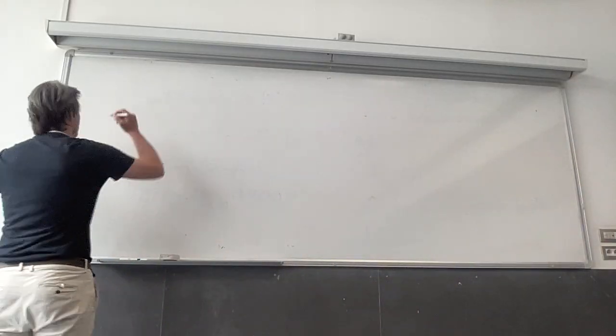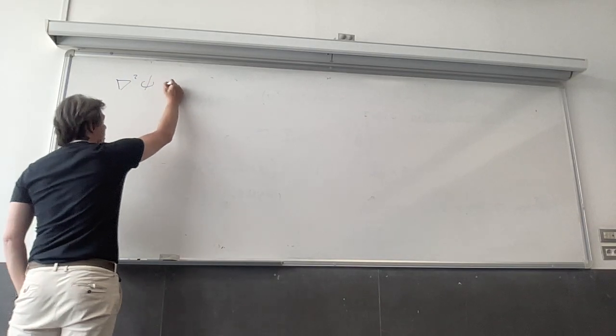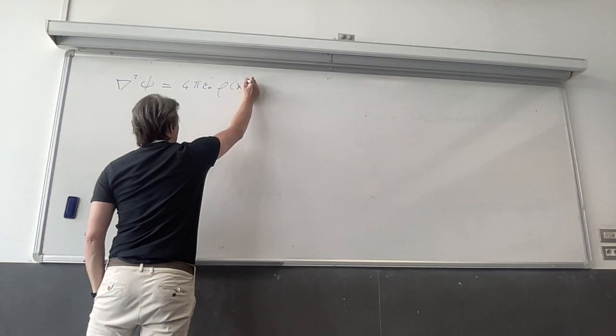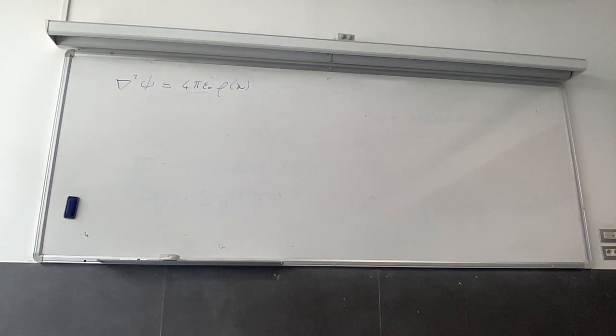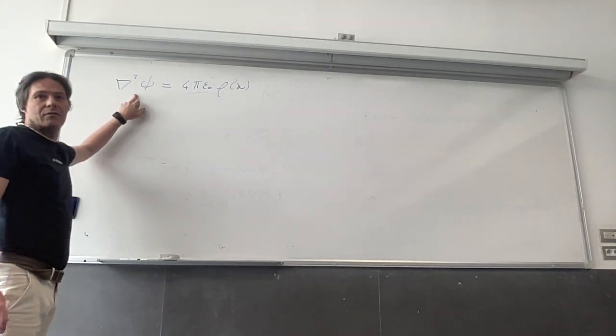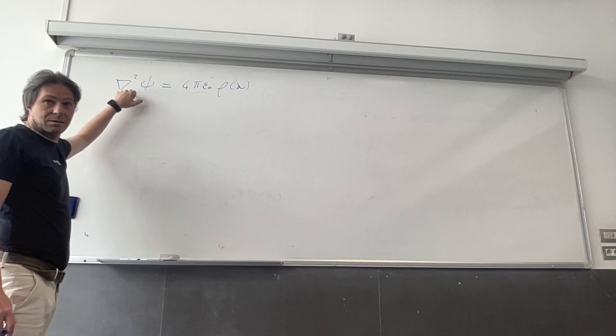So let me just remind you that once in your education you were interested in solving the Poisson equation. Now, you might have seen this written differently depending on your convention, if you use the CGS convention or the International Unit System, SI units. But this is the equation for the potential, right?